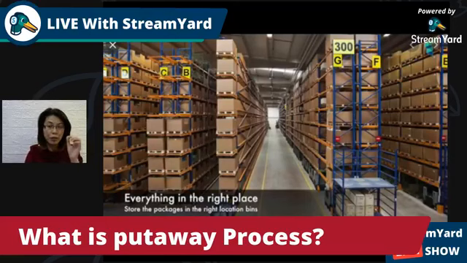Your items will also be put in the right place, the right racking, and the right locations. So when this racking is used correctly, it can actually speed up the process of your receiving and also speed up the process of issuing your inventory.